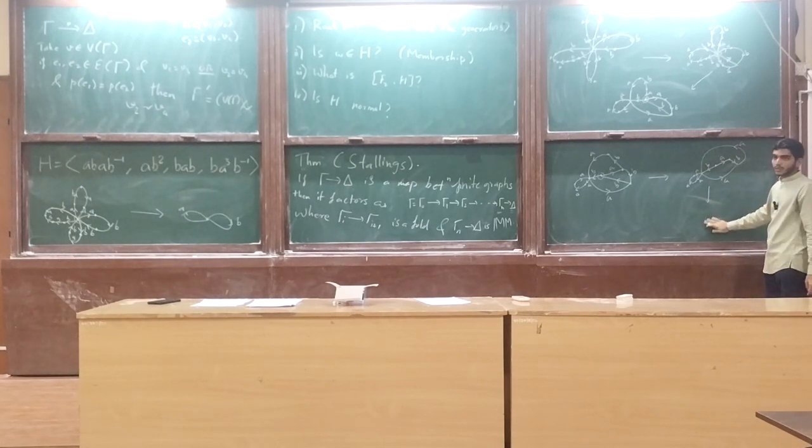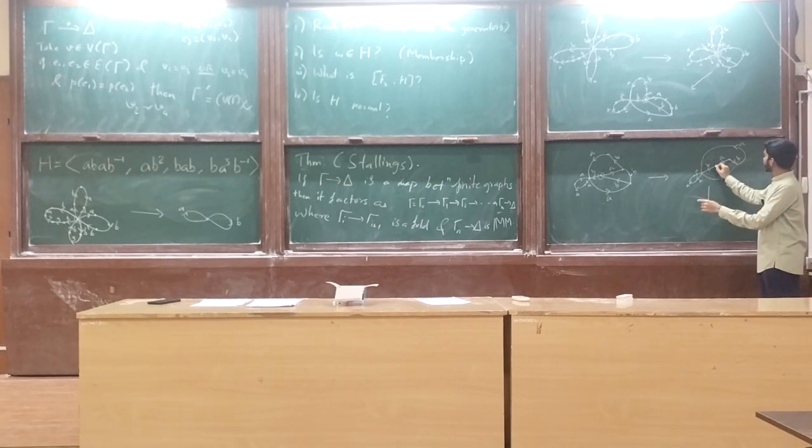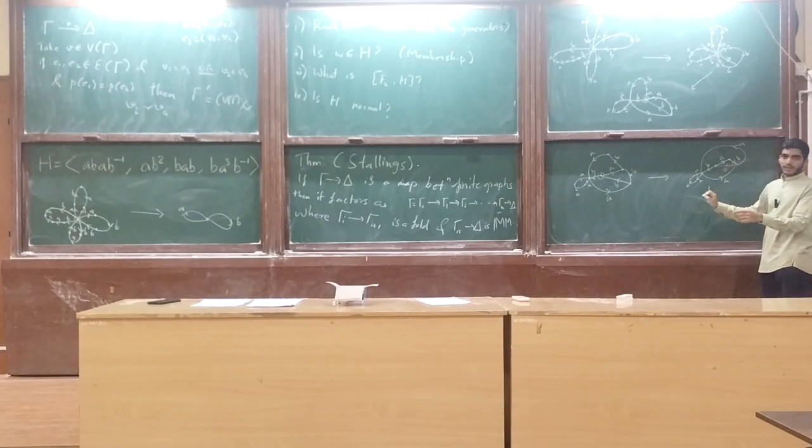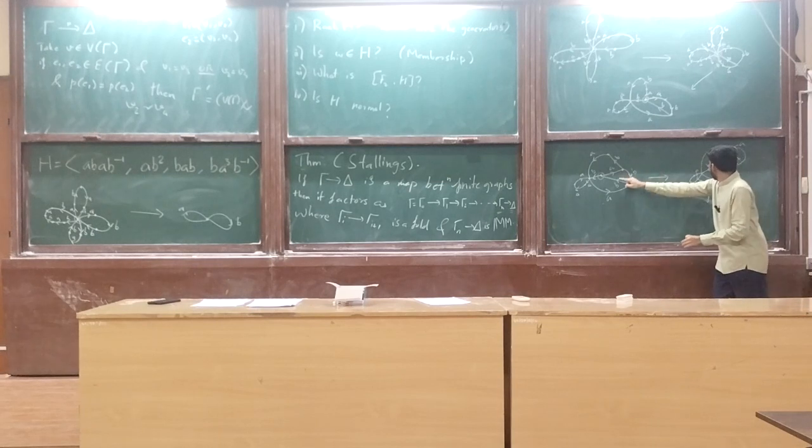Which two? Where is that? Here, correct? This B edge, na?